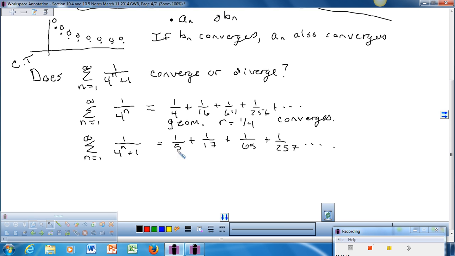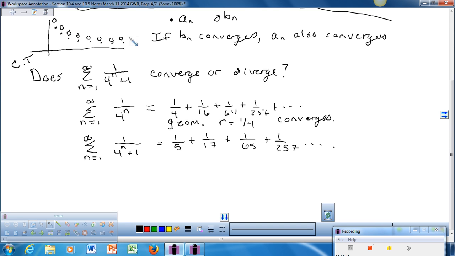And how do each of the terms in the series we're interested in compare to the terms in the geometric one? You add one to the bottom. Are they slightly bigger or slightly smaller? Slightly smaller. So I have a convergent geometric where every term is larger than the terms in my series that I'm trying to figure out. So I have this situation.